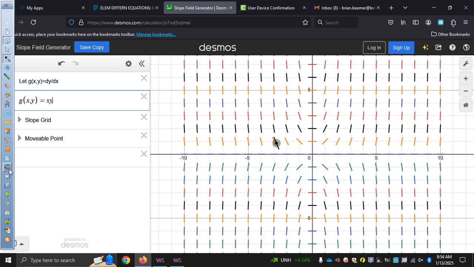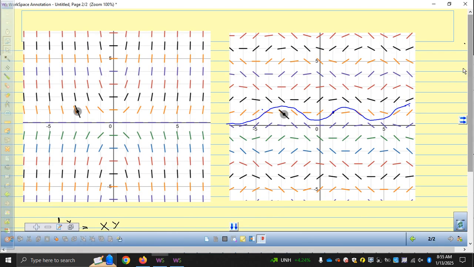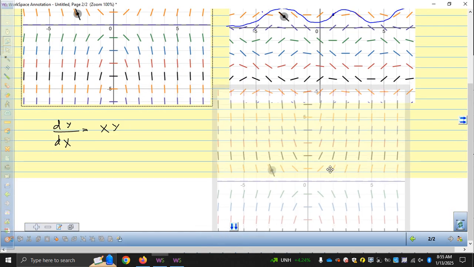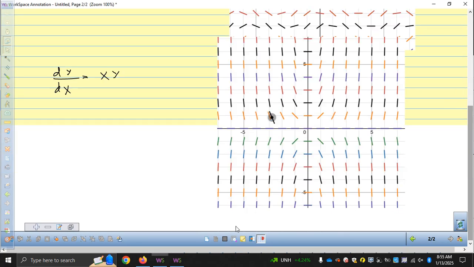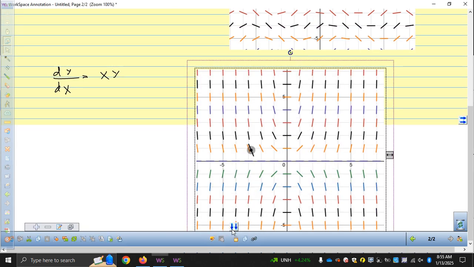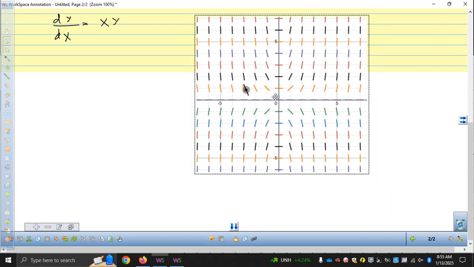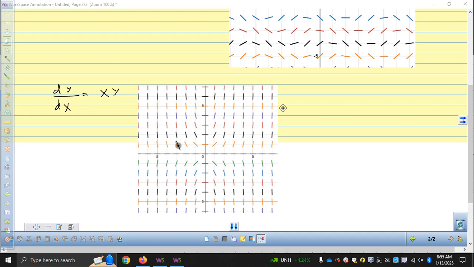Let me grab a picture of that one. Is it going to let me do this? Oh, it did. I'm going to shrink that down a little bit. So there's our slope field.